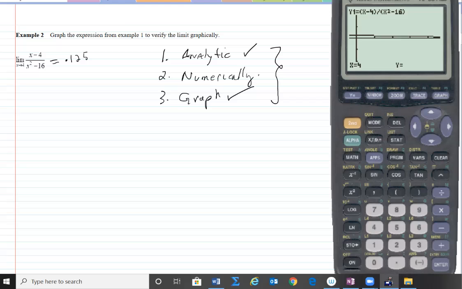Doesn't tell you anything, but if you jump just to the right, 4.04, you'll see y equal to 0.1243, and to the left, just a little smaller than 4, y is 0.1252. We round it. So that might make you think that it's somewhere in the vicinity of 0.125. If you had to cut it at 3 decimal places, you'd be safe to say 0.125.